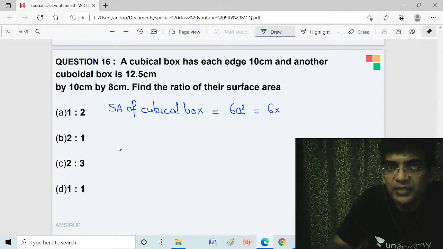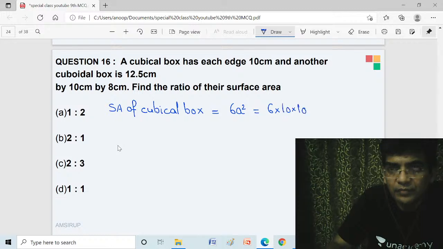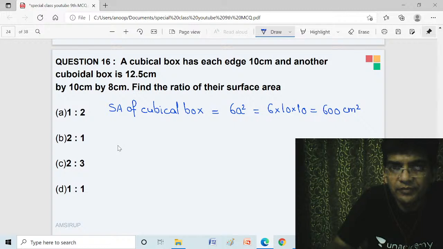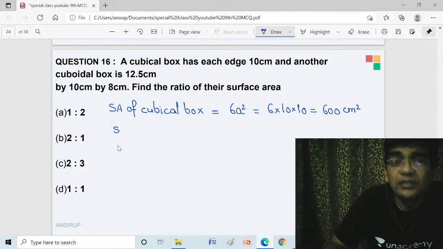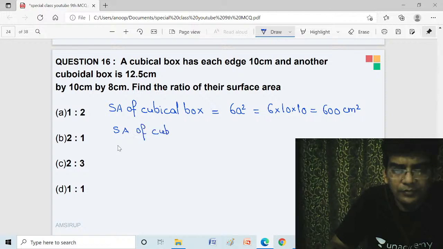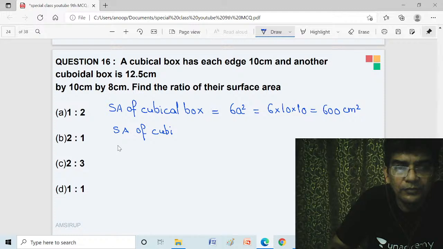So a means the edge. So edge is of 10. So 600 centimeter square. Then we have to find the surface area of the cuboidal box.